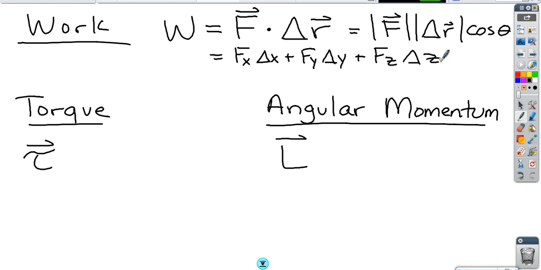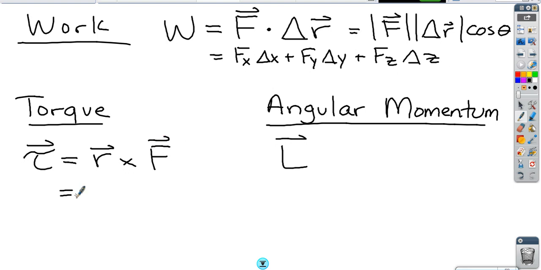Torque is the force analog when we talk about rotational motion. So torque is a vector, and you can get torque by taking a position vector r and crossing it with the force vector F. r is just the x, y, z components.